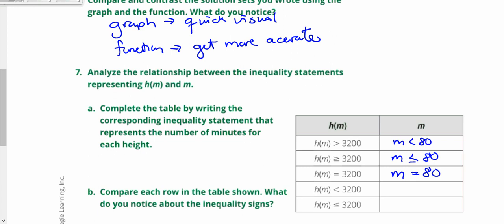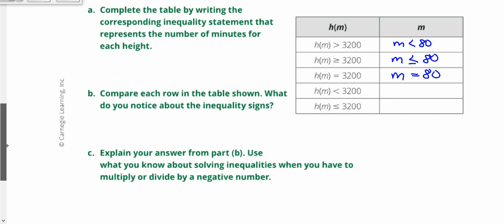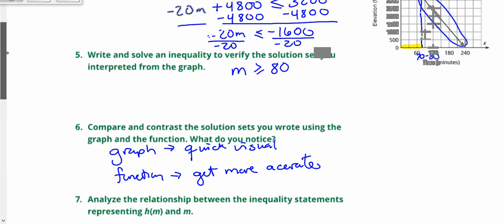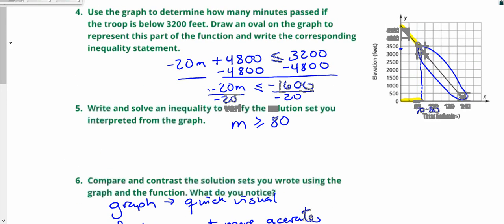When h of m is less than 3,200, going back up and looking at the graph, we're looking now at this area down here. When it's less than 3,200, it's in this part of the graph.